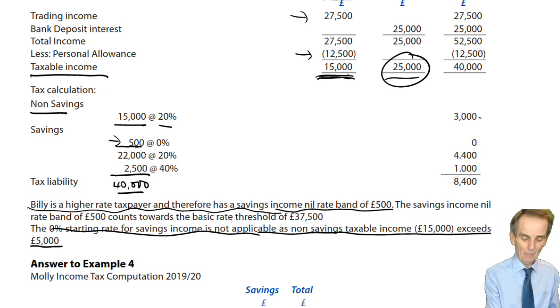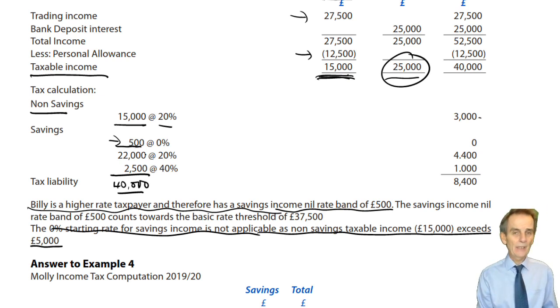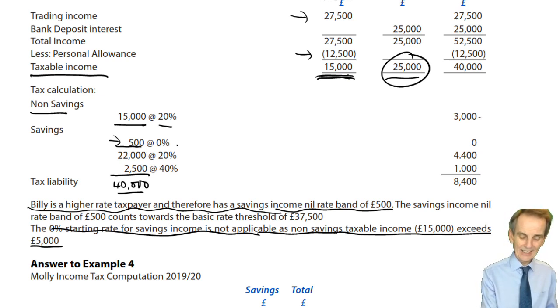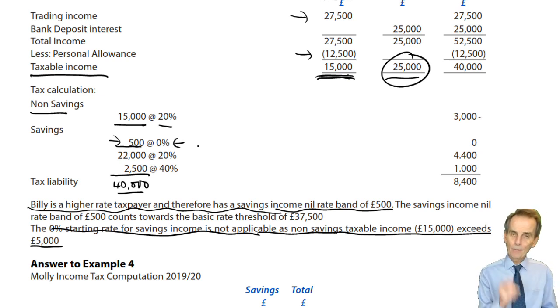So at that point, we have got £15,500 of taxable income, albeit that 500 is at a nil rate. But we are deemed to have used 15,500 of your normal basic rate band limit of 37,500.